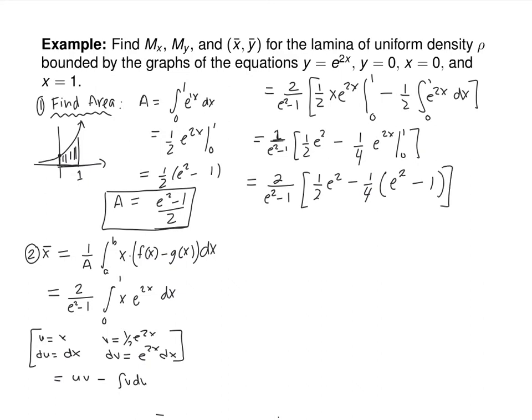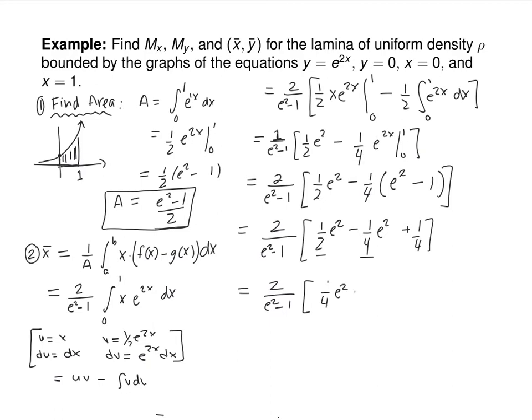So notice that negative will distribute to the 1. We have 2 over e squared minus 1 times 1/2 e squared minus 1/4 e squared plus 1/4. And 1/2 of an e squared minus 1/4 e squared is 1/4 e squared. So you have 2 over e squared minus 1 times 1/4 e squared plus 1/4.